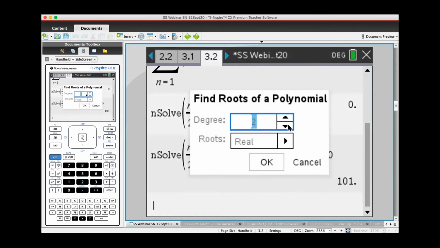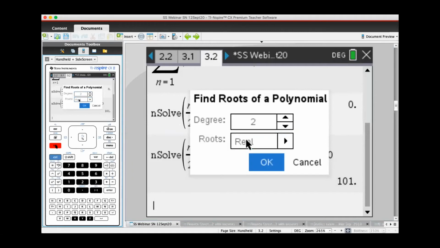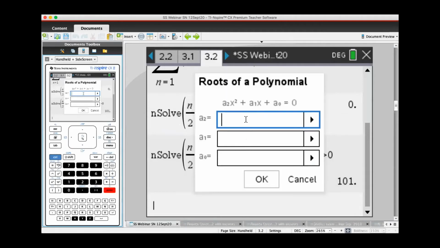I say okay, 2, and again we know that we have the real roots. Again, we use tab to move between fields. I say okay, go back here and say okay, and it tells me to fill in the numbers. I solved the expression earlier, and it was 505n minus 5n squared.